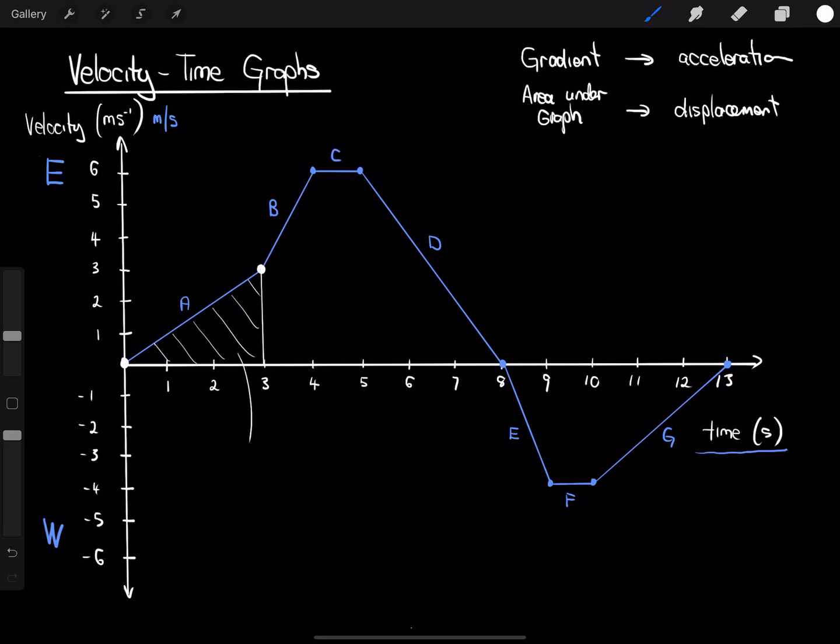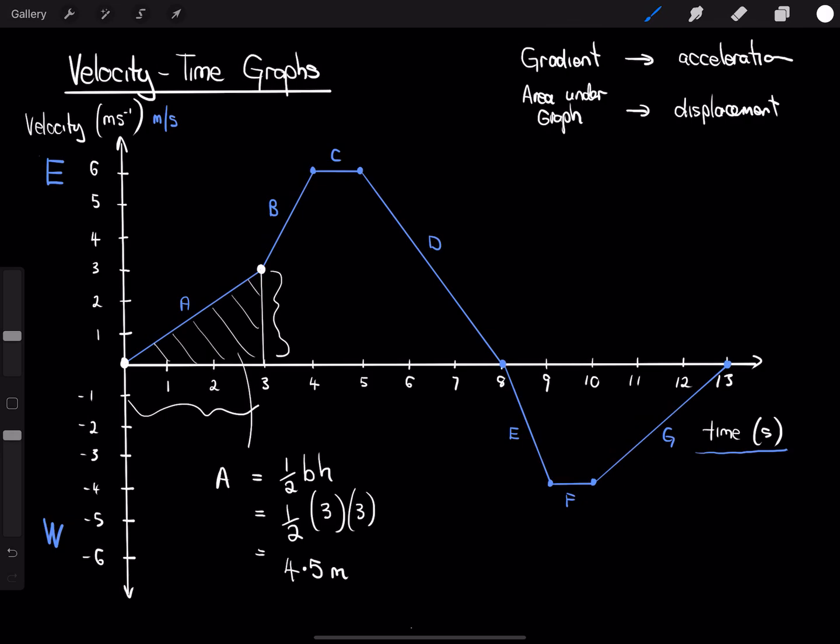Now, that shape is clearly a triangle, so the area of that triangle is going to be 1/2 times the base times the height. The base is 3, and the height is also 3, so it's 1/2 of 3 times 3, which is 1/2 of 9, which is 4.5.